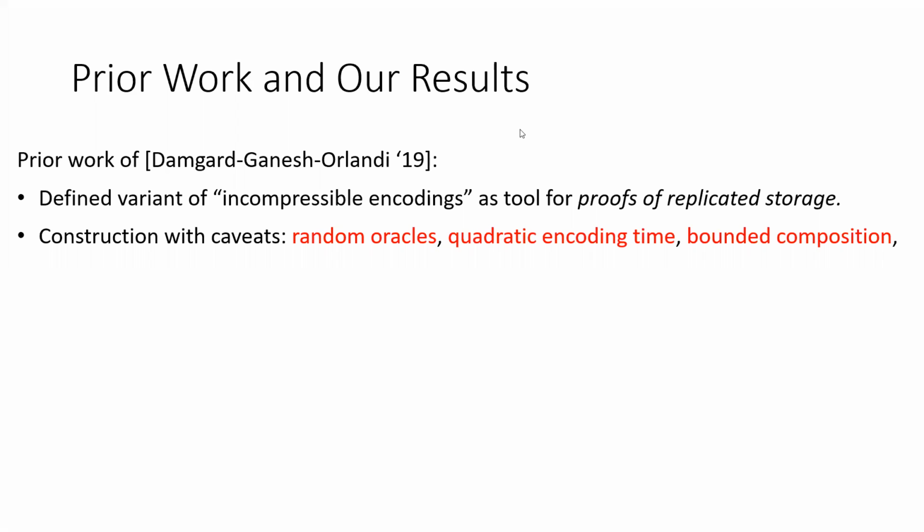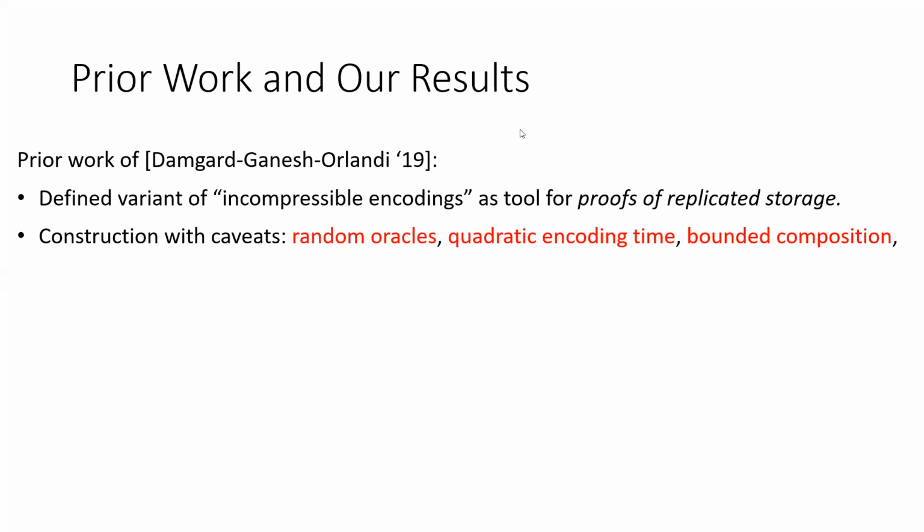They defined it as a tool to build a larger cryptographic scheme called proofs of replicated storage, and I'll tell you a little bit about those later in the talk. But they mostly thought of these incompressible encodings as a building block for bigger crypto systems. In this context, they constructed incompressible encodings, although with several caveats.